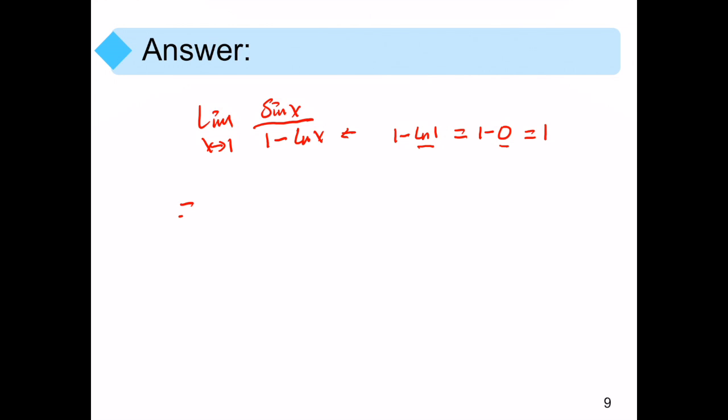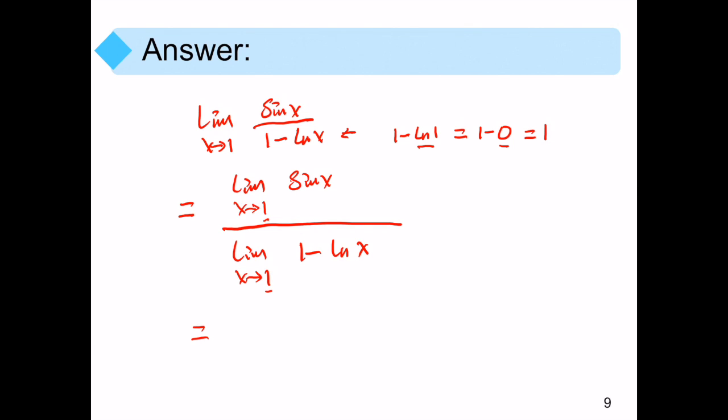So the limit of the quotient equals the quotient of the limits. So it's the limit as x goes to 1 of sine x divided by the limit as x goes to 1 of 1 minus ln x. When x goes to 1, we use the function's value as the function's limit, since 1 is in the domain of this function.